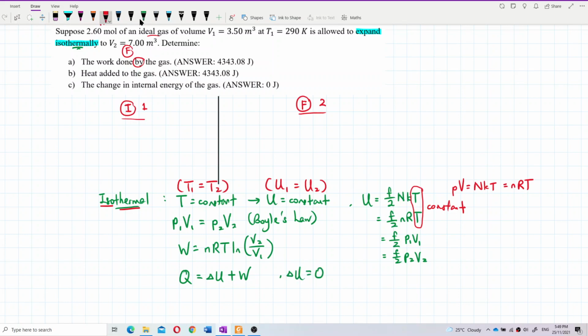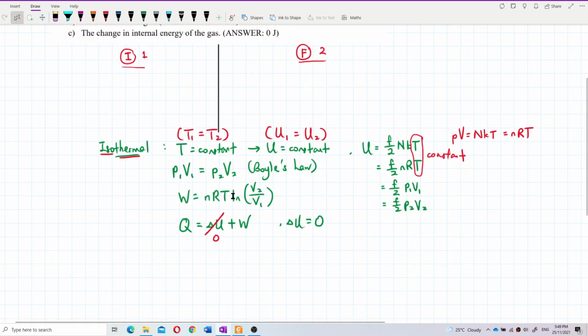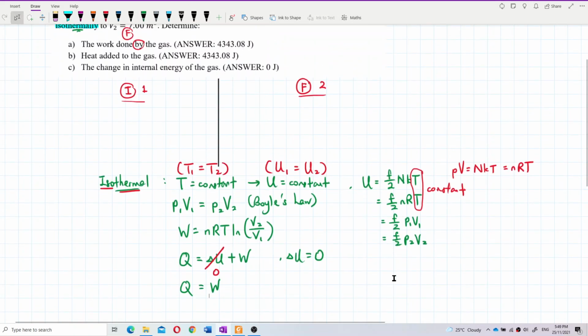That means the internal energy term can be cancelled, so it becomes Q equal to W. Alright, all the concepts are here.